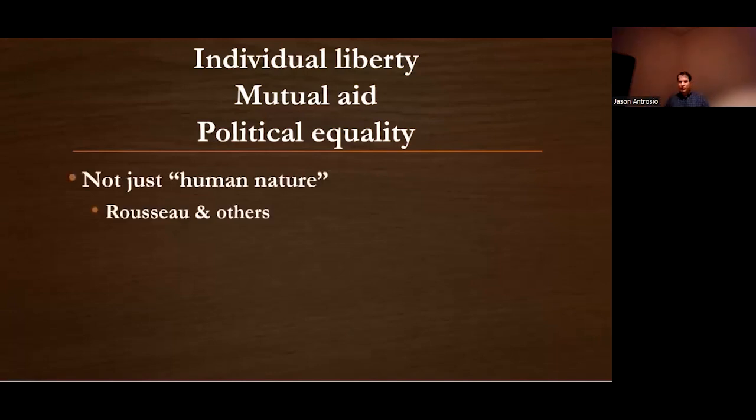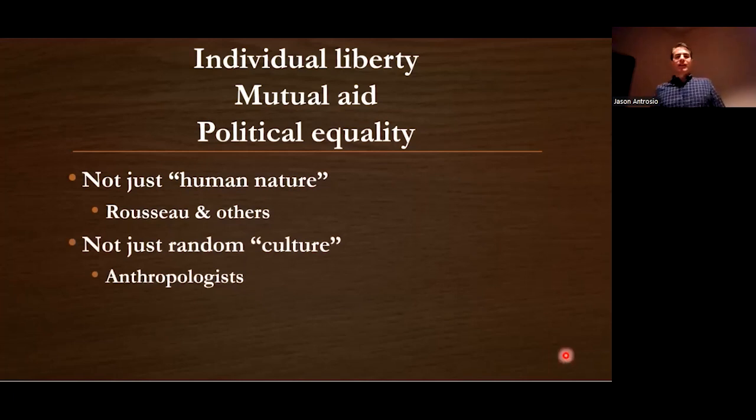Rousseau and other people wanted to argue that these are the things that would be people in a state of nature. This is the way humans naturally are. We've dispensed with that argument multiple times, but just to be clear, this is what some people were saying. This is the way people were before the fall, before private property.